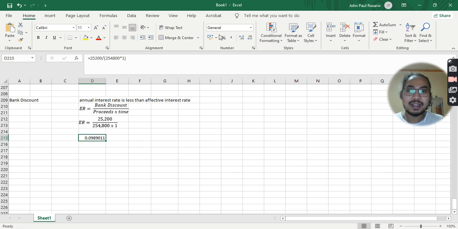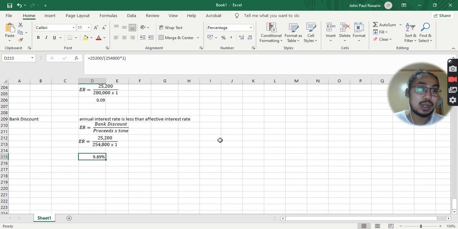So your effective interest rate is actually 9.89%. Right? And that's way greater than the 9% that you thought you borrowed with under bank discount. So the effective interest rate is so important because it will help you assess the true interest you pay. Okay, so that's it for bank discount.